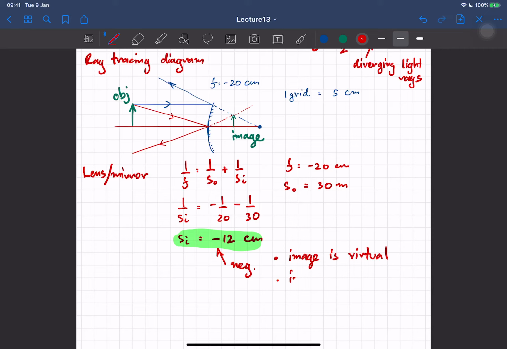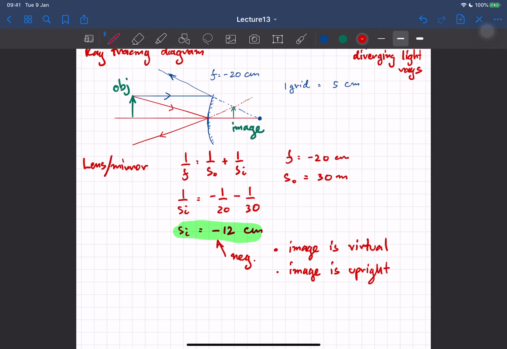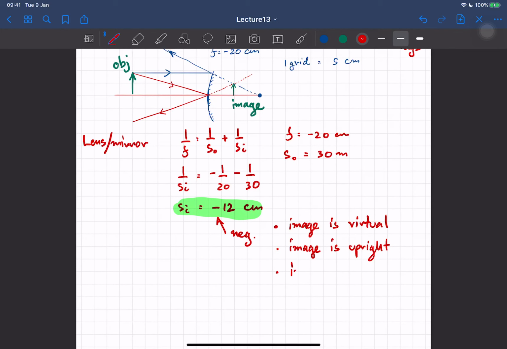The image is also upright instead of upside down, which is fine, right? Similar to the diverging lens. But now the image is behind the mirror.